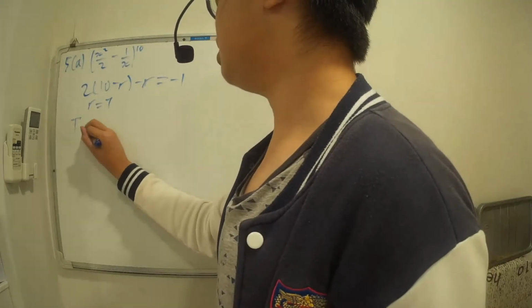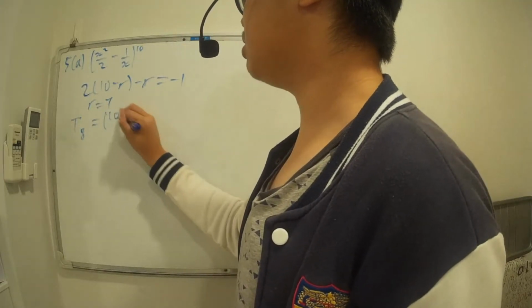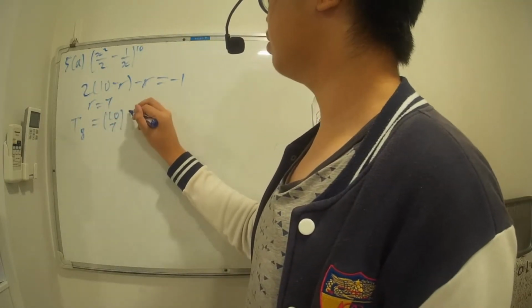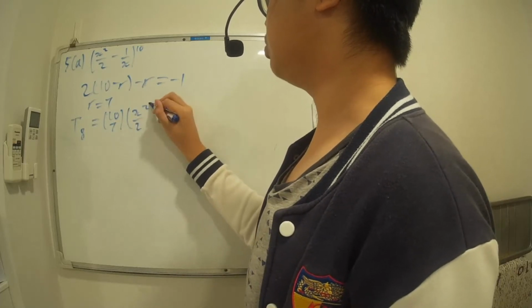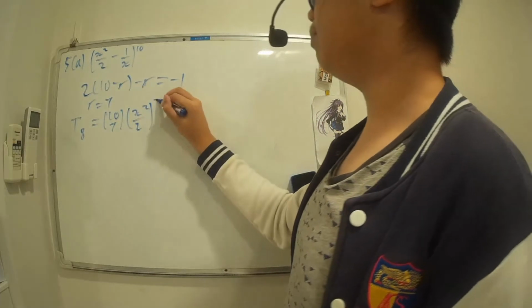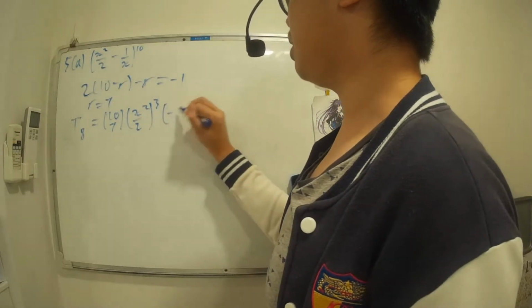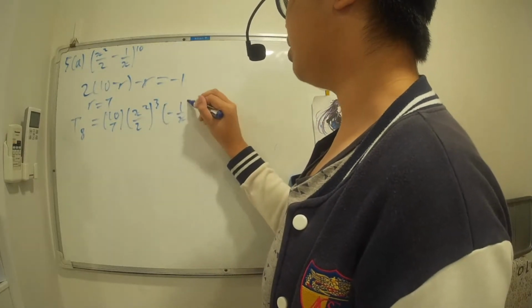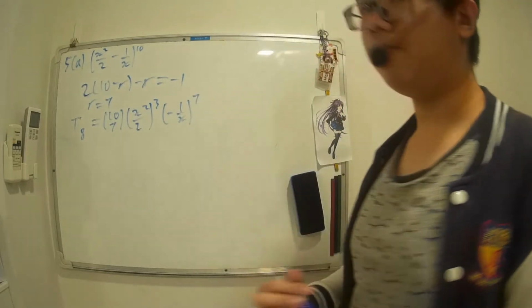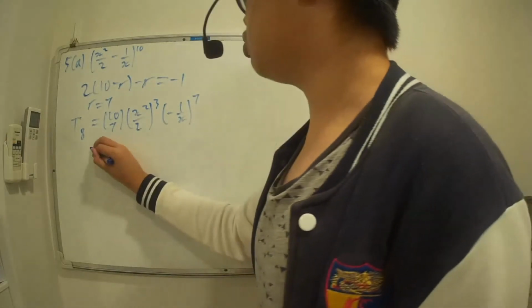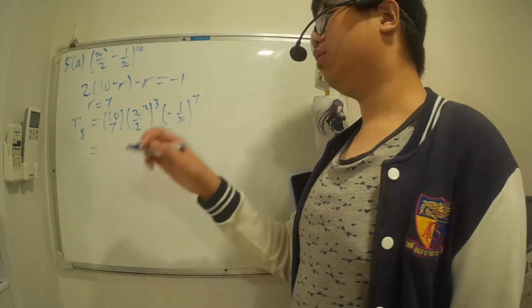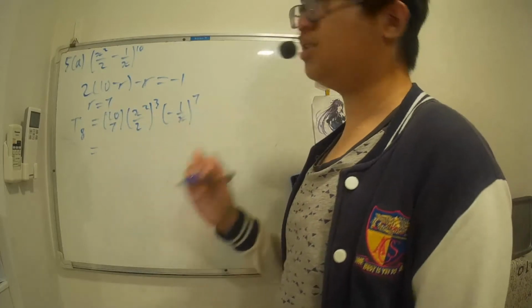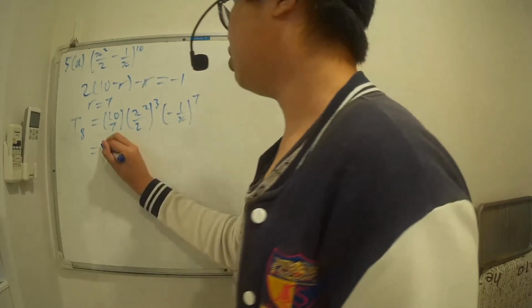T8 is equal to 10 choose 7 times (x squared over 2) raised to the 3rd power and (minus 1 over x) raised to the 7th power. 10 choose 7 is 10 times 9 times 8 divided by 6, which is 720 over 6, so 120.